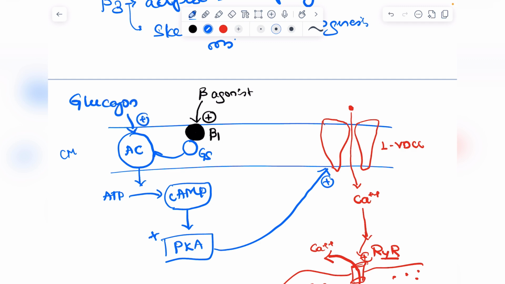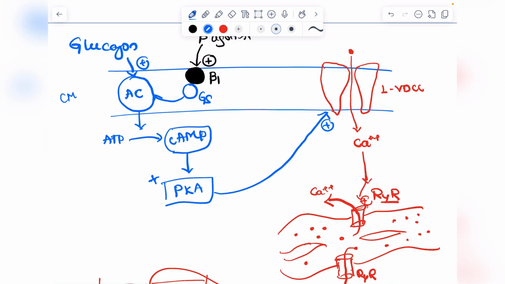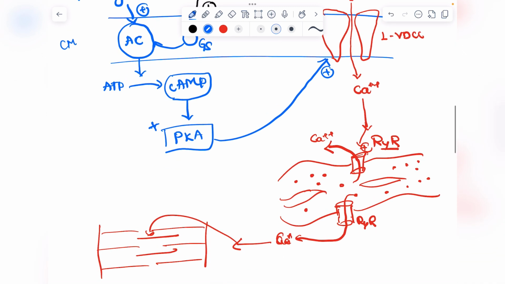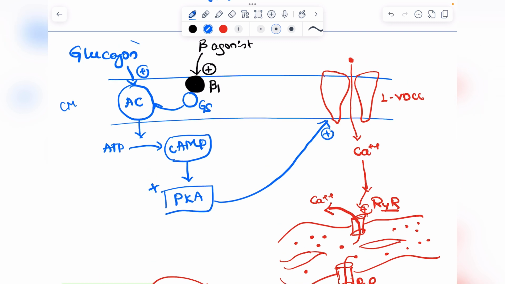It doesn't require any GS or beta 1 receptors to stimulate adenylate cyclase. It acts independently, and thereby all the downstream actions will happen: conversion of ATP into cyclic AMP, then PKA, phosphorylation of channels, entry of calcium into the cytoplasm, and contraction of the muscles. So this glucagon is important. Remember that when it comes to the treatment part, I will explain glucagon in detail.